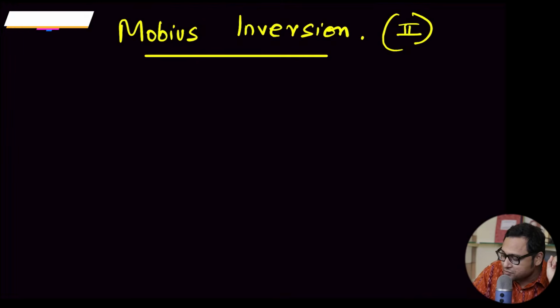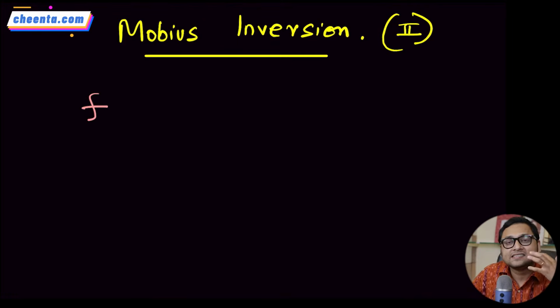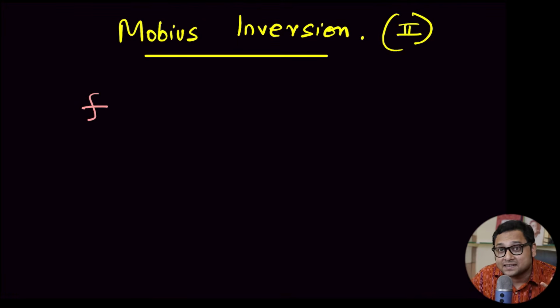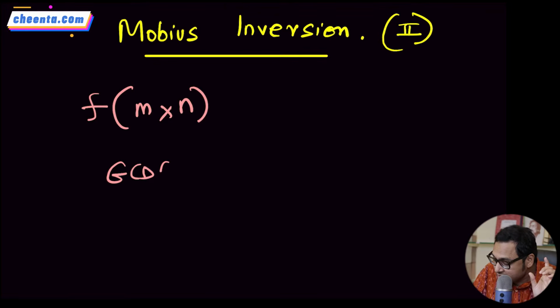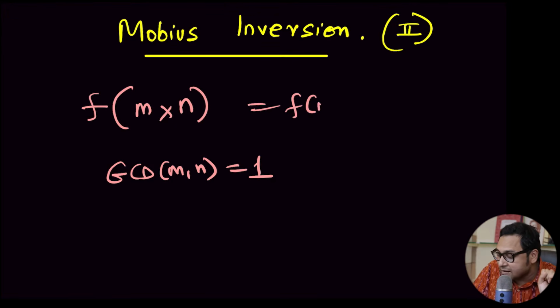I'll quickly remind you, a function f is said to be multiplicative if you take two numbers m and n, suppose their GCD is 1, if f of m times n is equal to f of m times f of n, we say f is a multiplicative function.